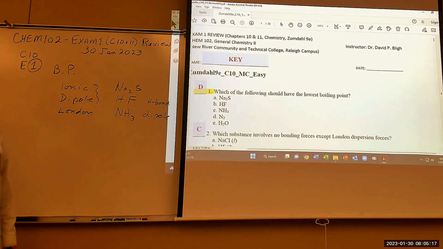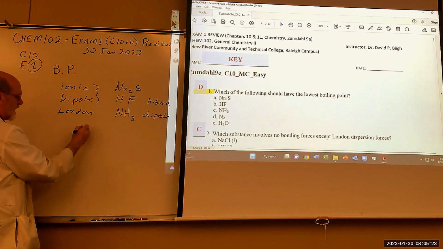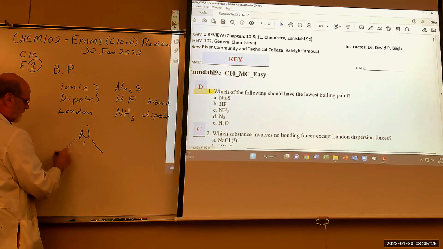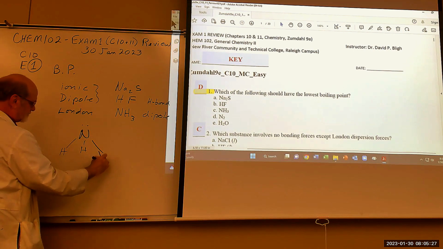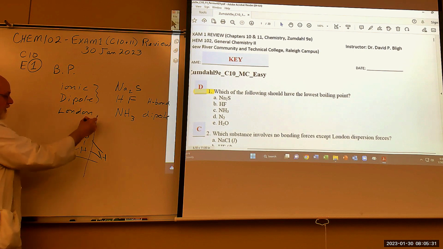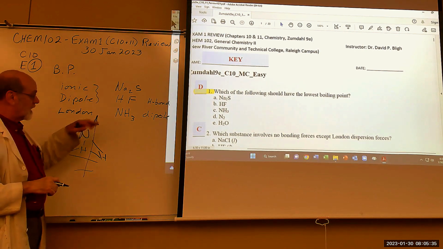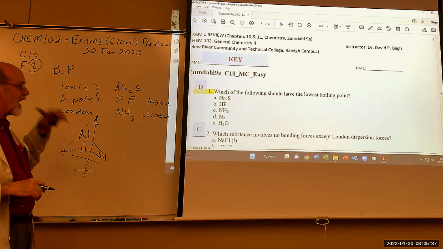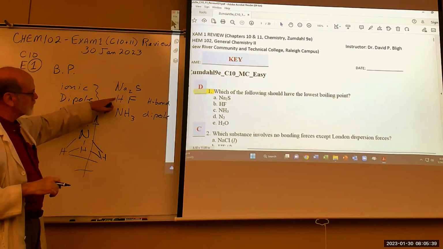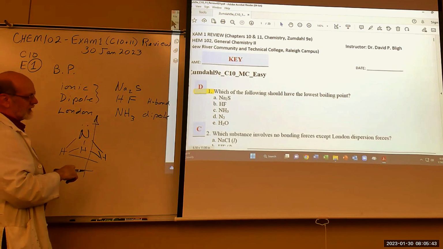Remember ammonia's structure from last semester? Well, I assume you've had this before. The structure of ammonia is like that. Right, so you have a dipole going this way. That would give it a higher boiling point, not as high as this one, but the next step down.